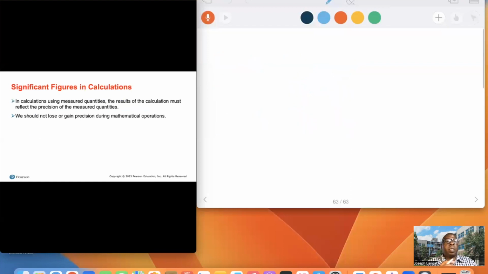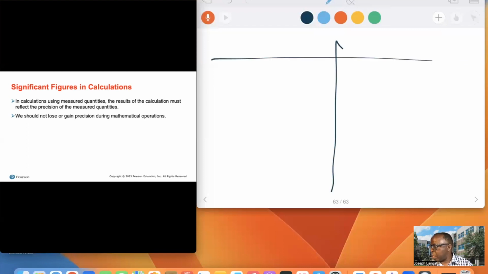Well, let's see significant figures and calculation. I'll break the calculation into two: there is addition and subtraction, and there is multiplication and division.